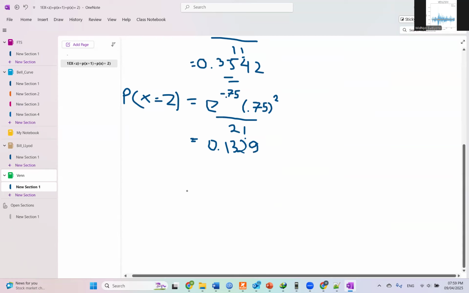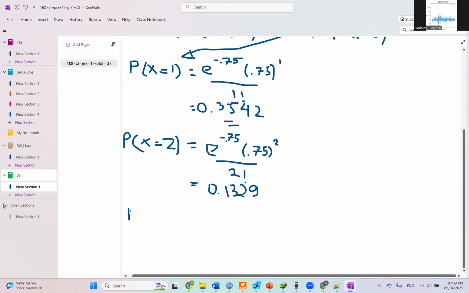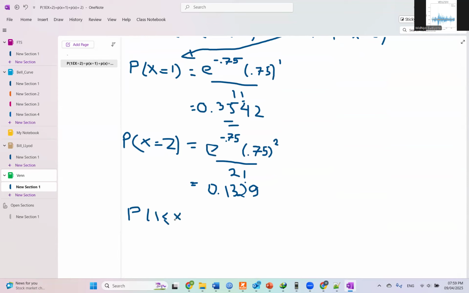Now, the answer for x between 1 and 2 inclusive would be the sum of these two.